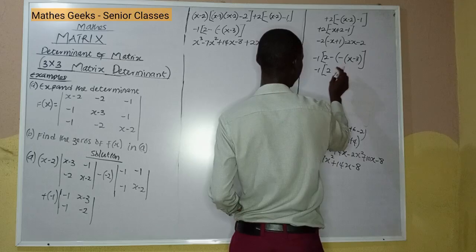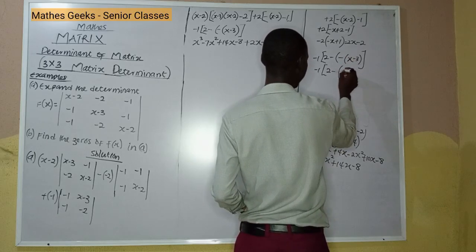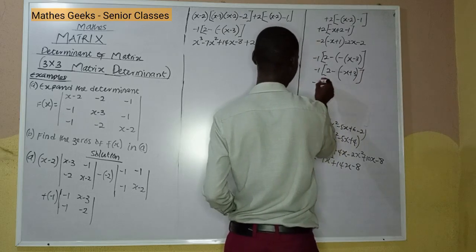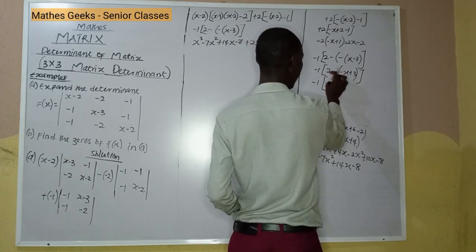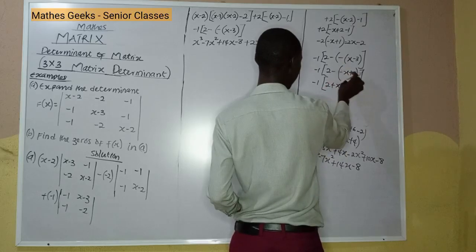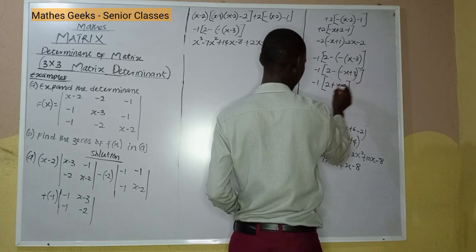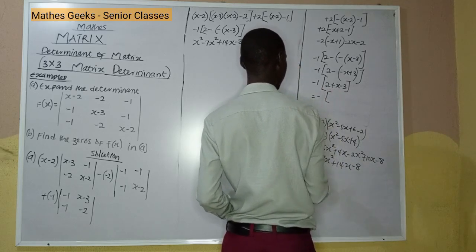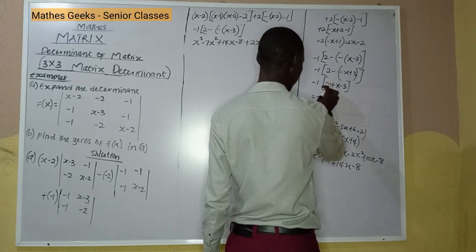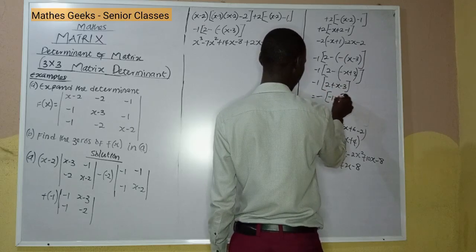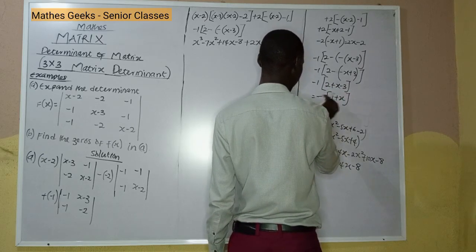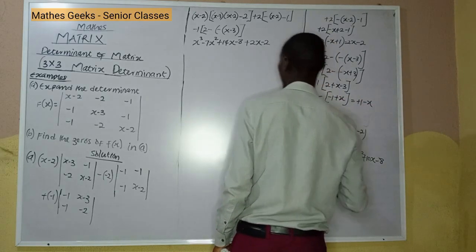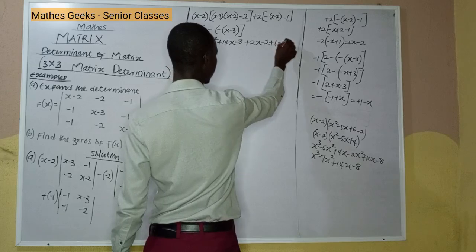Minus x plus x will give us zero, and plus 3 minus 3 cancel. Obviously 1 is still the same thing. So 2 minus 3 minus 1 plus x minus x minus 1 is equal to plus 1 minus x. So plus 1 minus x.